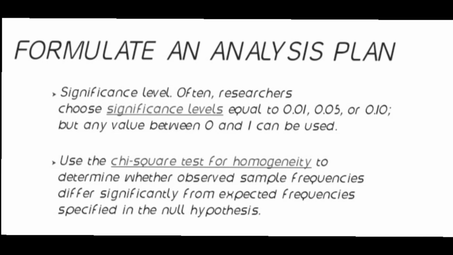Use the chi-square test for homogeneity to determine whether observed sample frequencies differ significantly from expected frequencies specified in the null hypothesis. So, the analysis plan describes how to use sample data to accept or reject the null hypothesis.